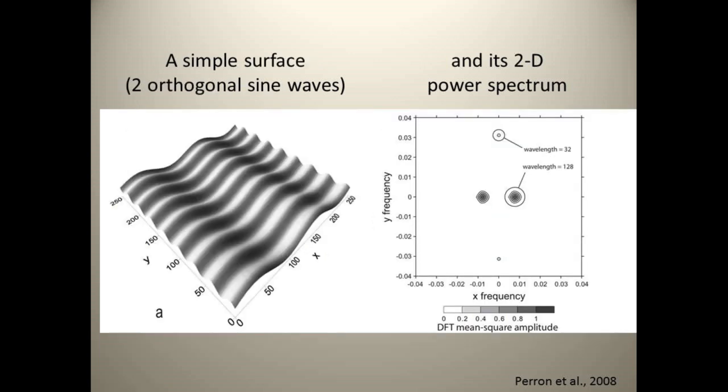That looks instead something more similar to this, where here I have, again, two different waves, one in the horizontal direction and one in the vertical direction. And these waves have different amplitudes as well and different wavelengths.